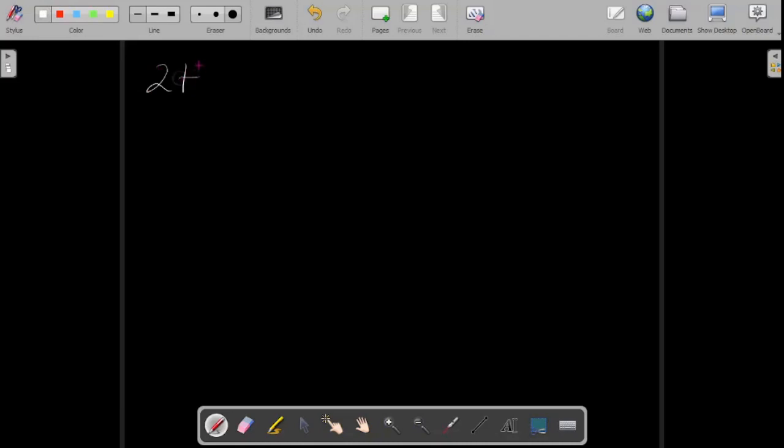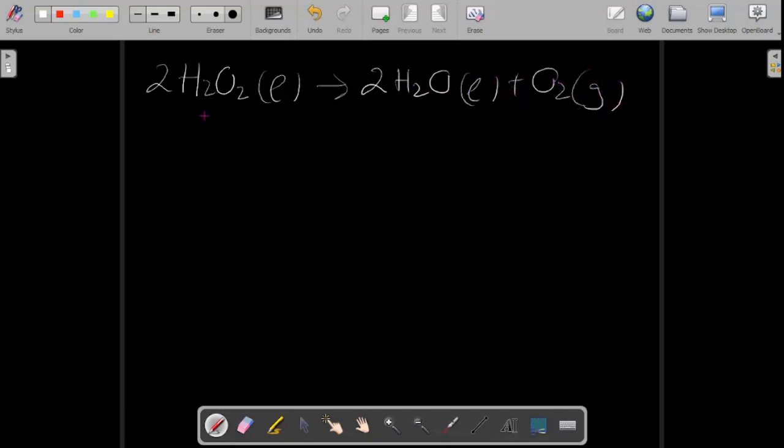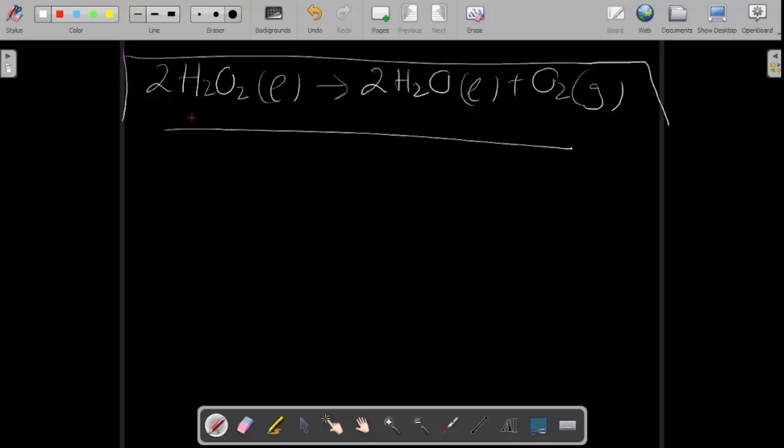So 2 moles of hydrogen peroxide in the liquid form break down into 2 moles of water in the liquid form and oxygen gas. Okay, I told you that this is a recipe. You can read this as a recipe. It means 2 of these will produce 2 of these and 1 of oxygen. If there's no number, it means 1.